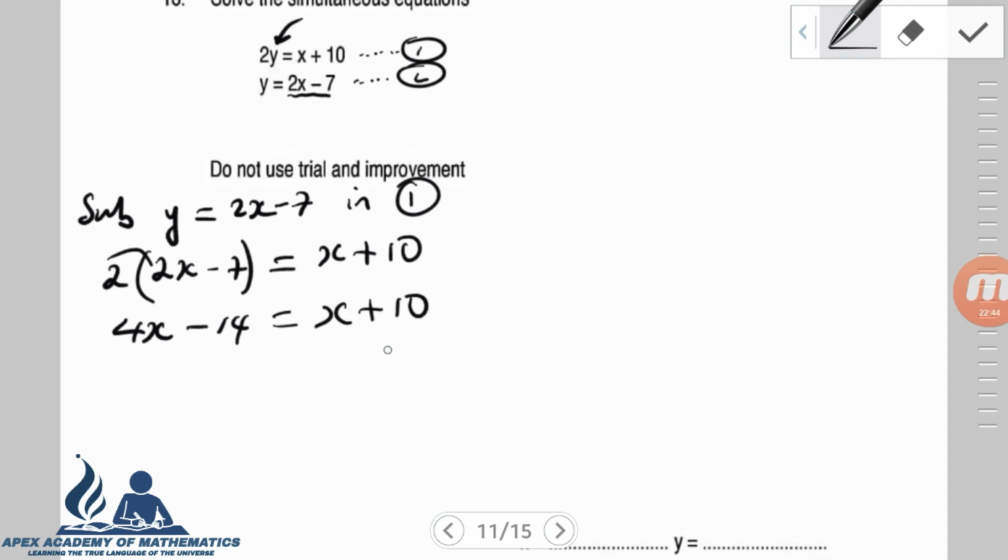So I need to transpose like terms. So I have 4x minus x, subtract x from both sides, and that's equal to 10 plus 14, adding 14 to both sides. So 3x is equal to 24.